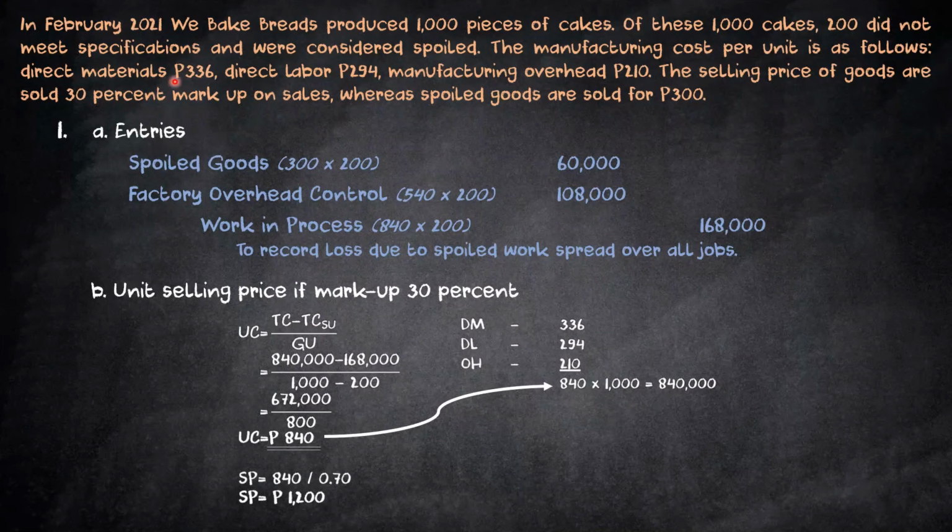Add na lang natin lahat ng ating total manufacturing cost dito and we will be able to answer the question. Okay, let's now proceed with the selling price. So, ang ating unit cost, i-divide lang natin with 70% since ang sabi ko nga kanina, ang cost natin would be 70%. So, we would be able to get our final selling price which is 1,200.